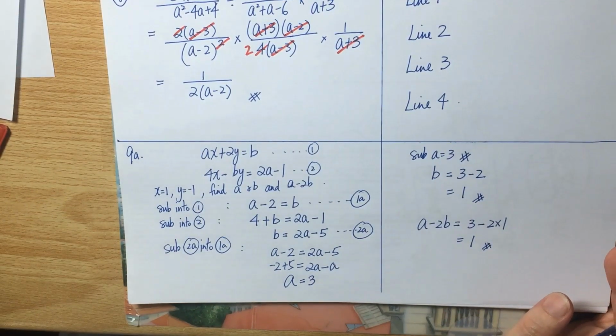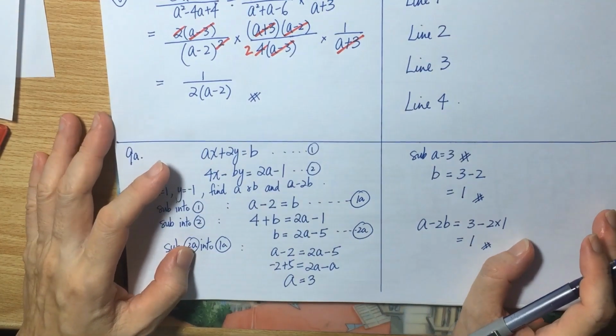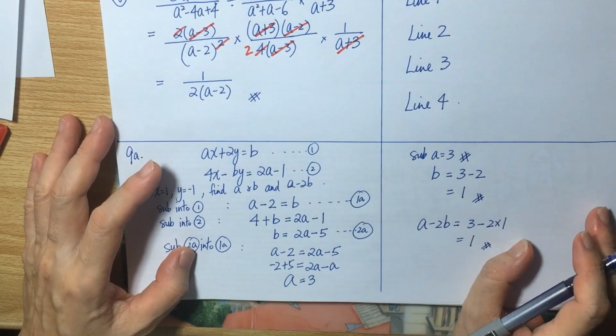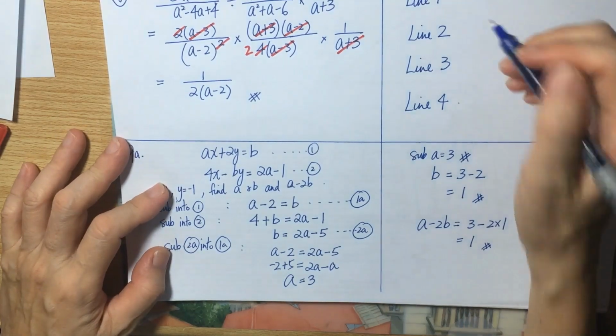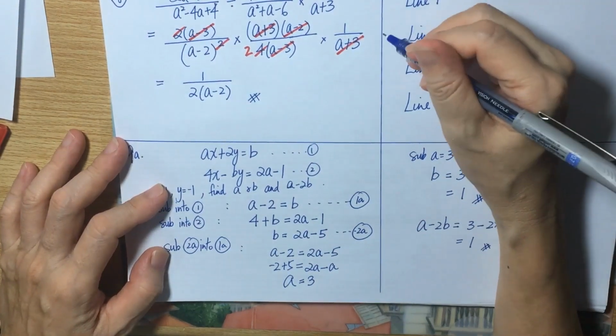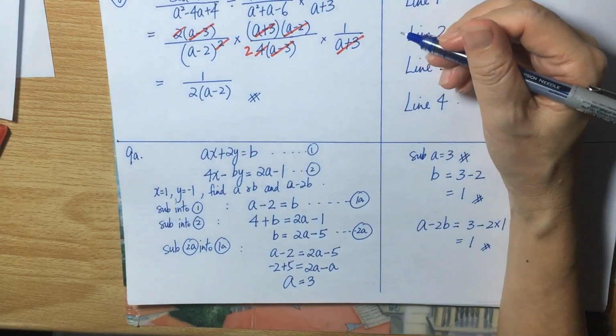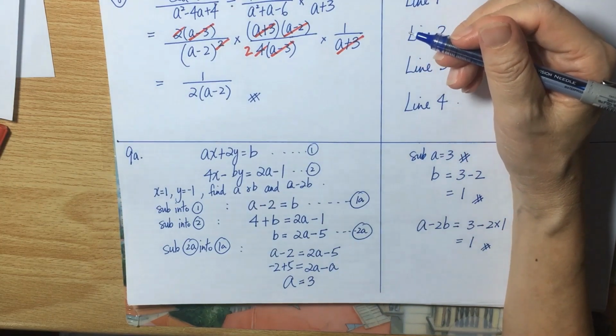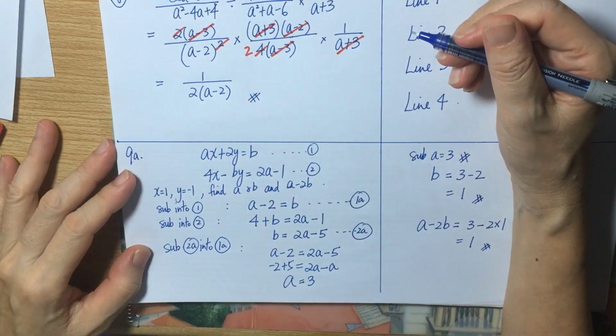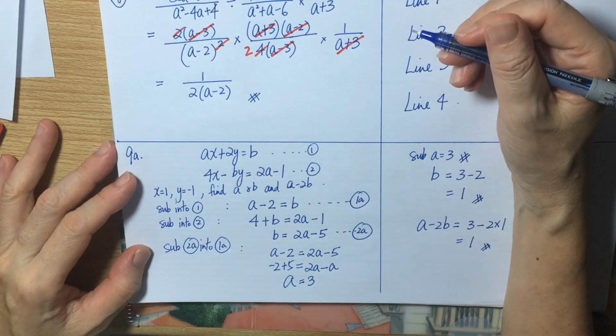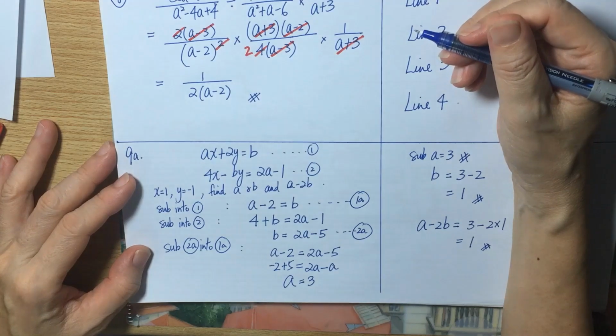Next is a question on the graph. You are given 4 lines, and you are supposed to name the equation of the line. Okay, line 1 is a vertical line, and it passes through the point -4.5.